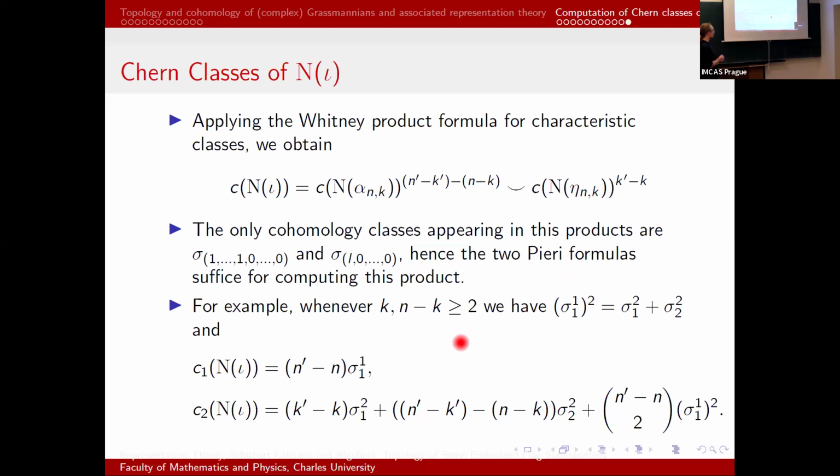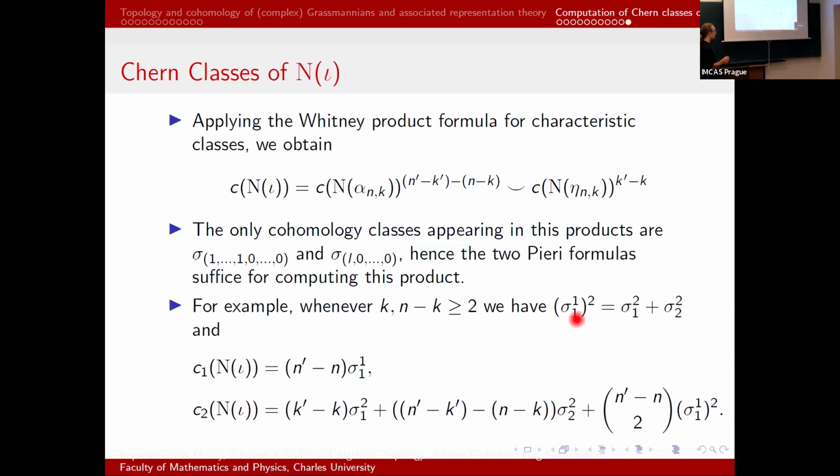So for example, when the index of the Chern classes is sufficiently low, the formulas are still pretty nice. Whenever k and n minus k are greater or equal to 2, we have that the only generator of the second cohomology squared is the sum of the two partitions of the number 2.